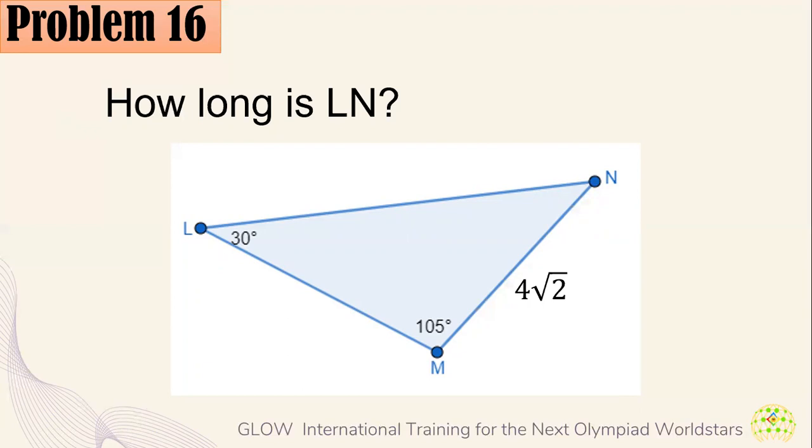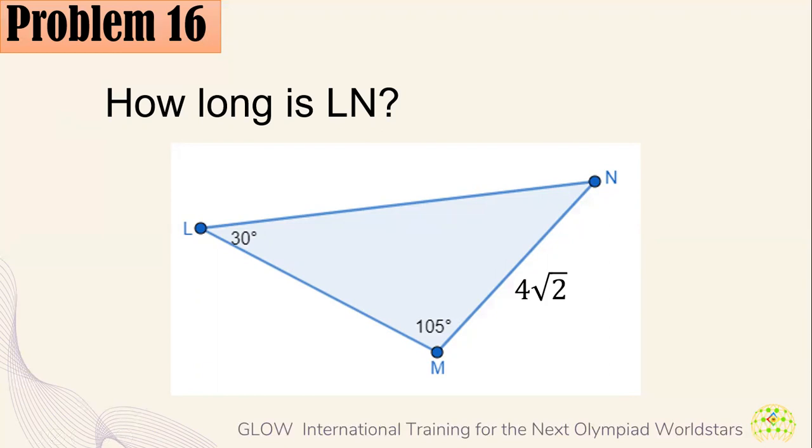Now, for this case, there are many ways of doing this. What others do is that from this point here, they draw a line perpendicular to LN, so that this will be 90 degrees, so this will be 60, this will be 45, 90. So you will have a 30, 60, 90 triangle and a 45, 45, 90 triangle.